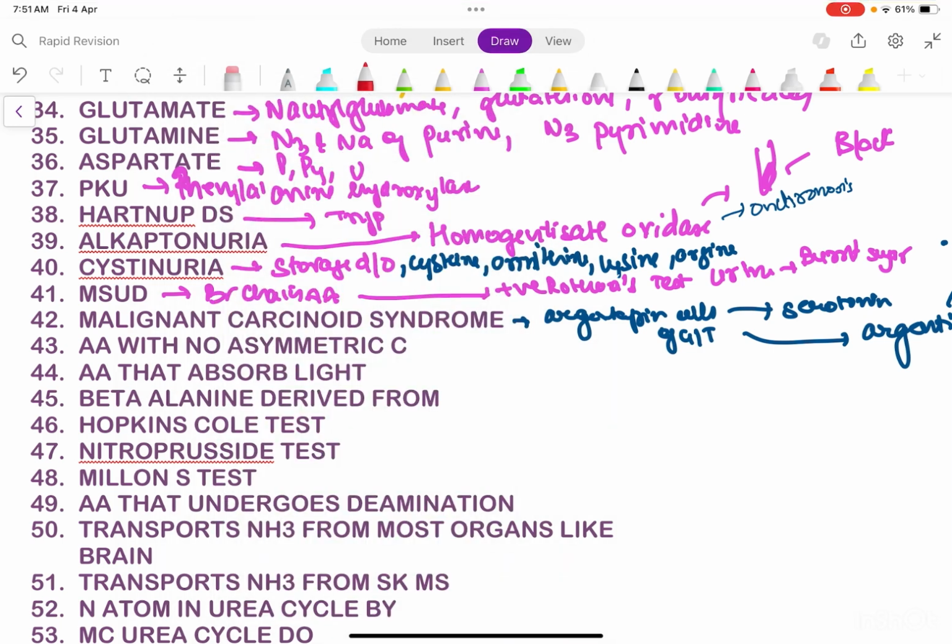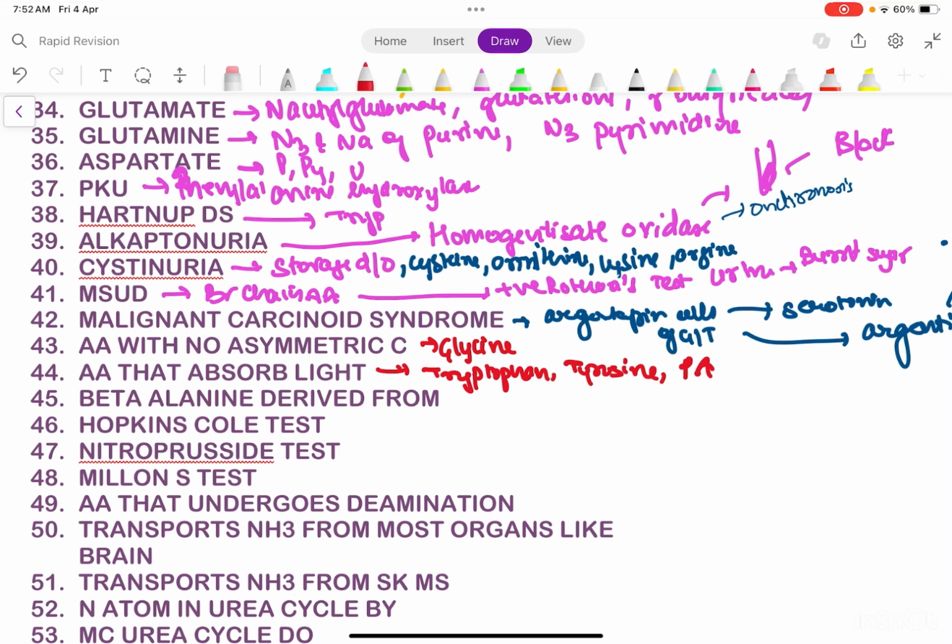Now let's talk about the next question. Amino acid with no asymmetric carbon. This is obviously glycine, which is a non-chiral amino acid. Then amino acids that absorb light are tryptophan, tyrosine, and phenylalanine.